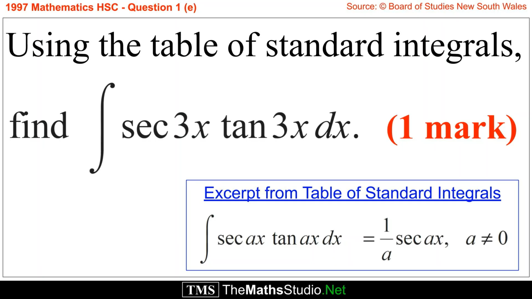Question 1, Part E. Using the table of standard integrals, find the integral of sec 3x tan 3x dx. The excerpt from the table of standard integrals reads, the integral of sec ax tan ax dx is equal to 1 over a times sec ax, where a is not equal to 0.